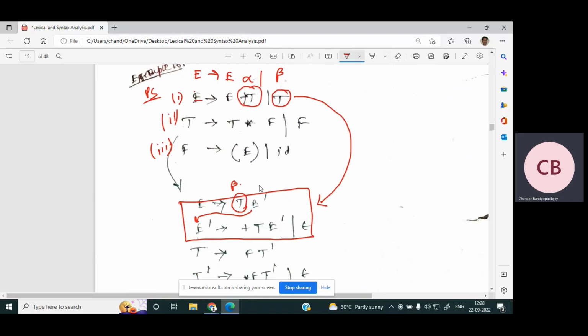Alpha means plus T, so here it is plus T E'. So in the same way, E to E alpha beta becomes E to beta E', and E' to alpha E'. So plus T means it is alpha E' or epsilon.